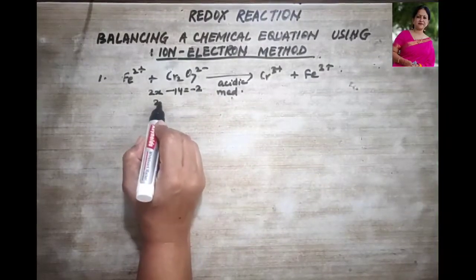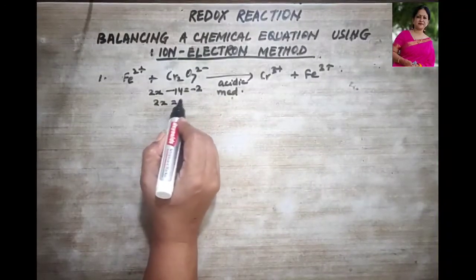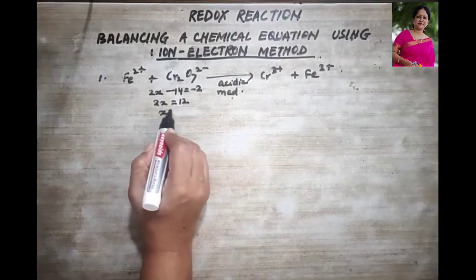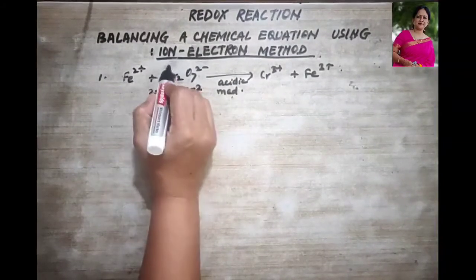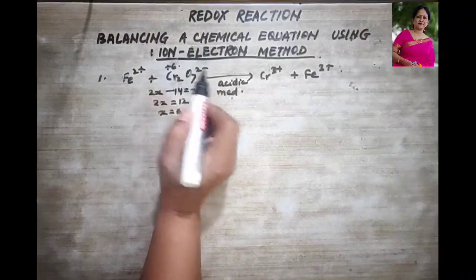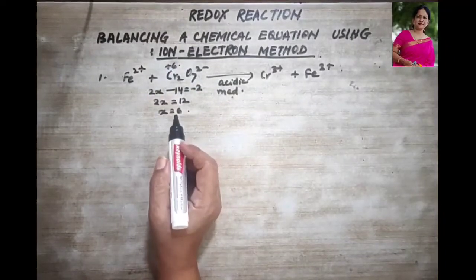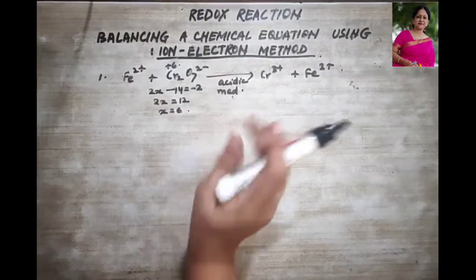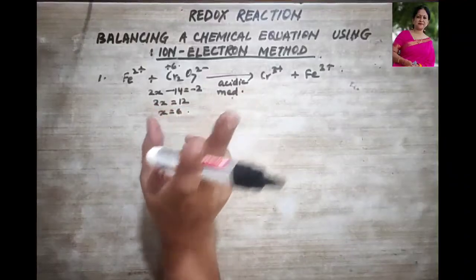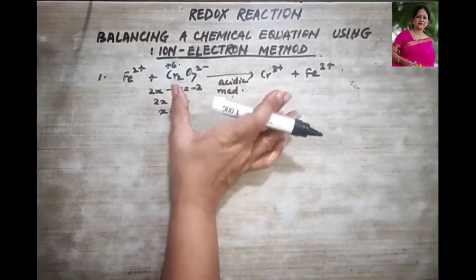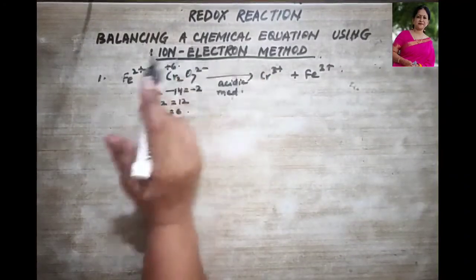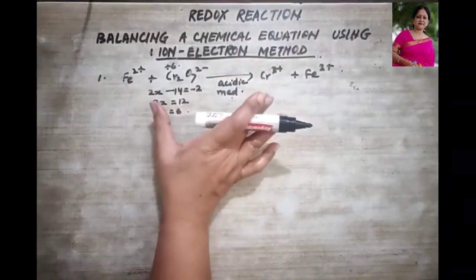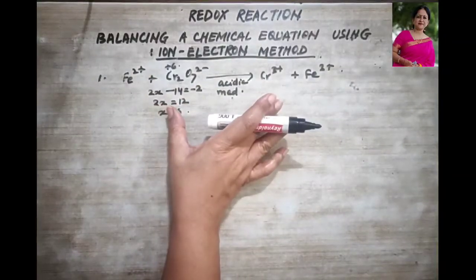So 2x is equal to 12, so x is equal to 6. So what is the oxidation state of chromium over here? It is 6, right? Now, what did I tell you? The first step was to change it into ionic form. You can see the reaction is already in its ionic form.